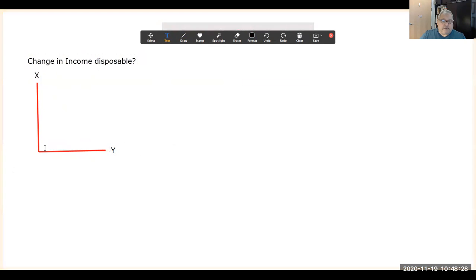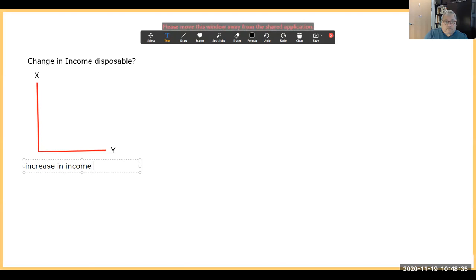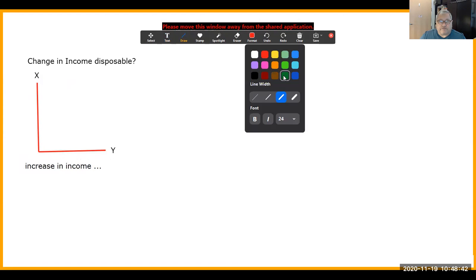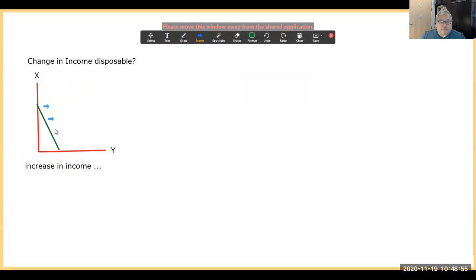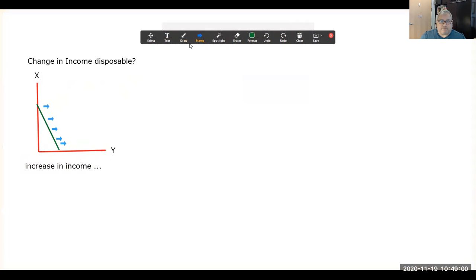And I'm going to illustrate an increase in income. An increase in income would have the effect of having more resources available to purchase X and to purchase Y. So if the budget constraint originally looks like this, what would happen is that we would see more income, enabling the consumer to buy more X and more Y.